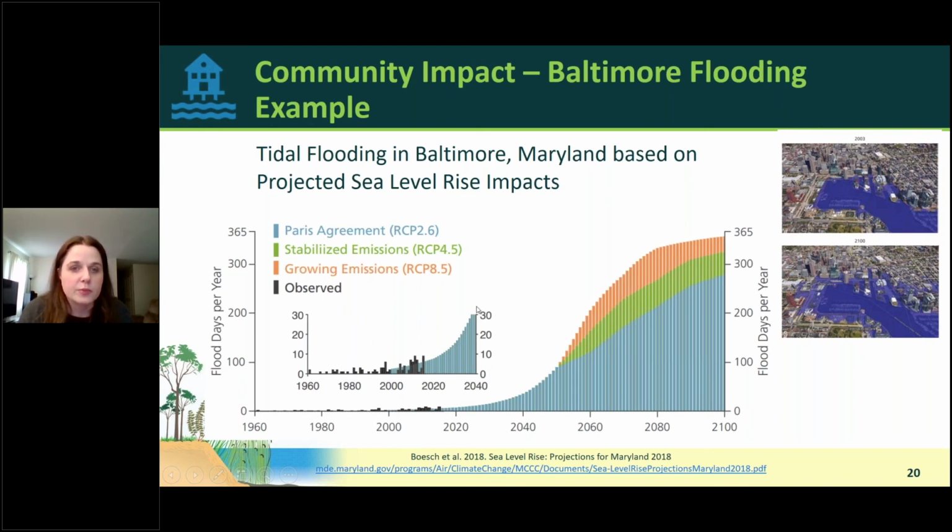And by 2040, they're projecting it's going to be around 30 flood days. So this has a lot of implications. We're going to have to manage around this, and we're going to have to figure out strategies to deal with flooding into our cities. And so this type of information is helpful to start informing decision making, to understand the extent of the problem, figure out what the range of future possibilities are, and then make decisions around that.